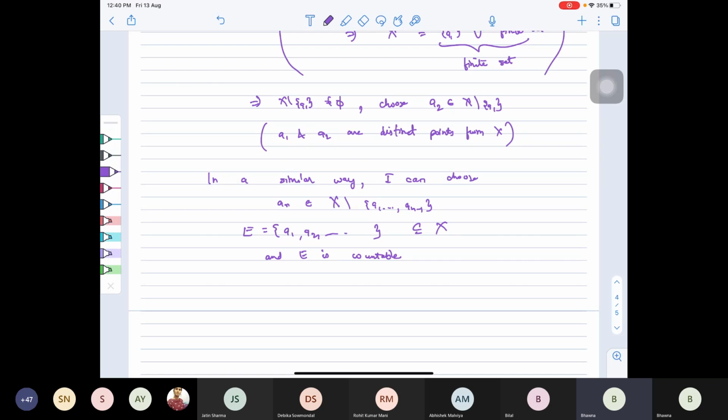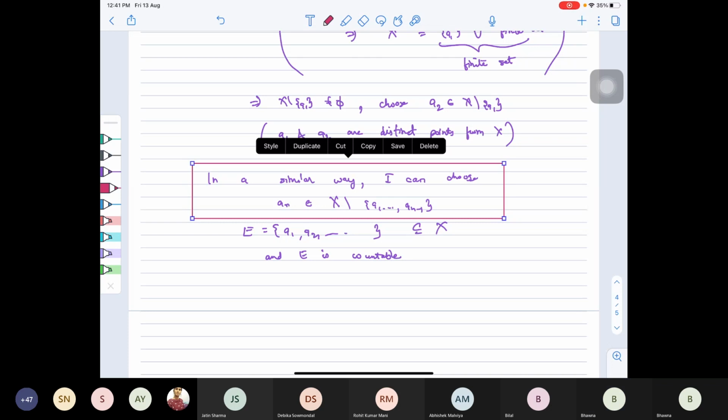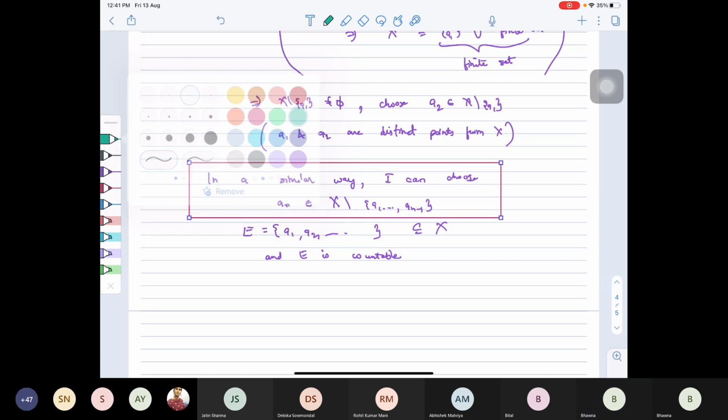So what is the problem with this? It has a problem. In a similar way we can choose this, it was true, but this is an infinite process.